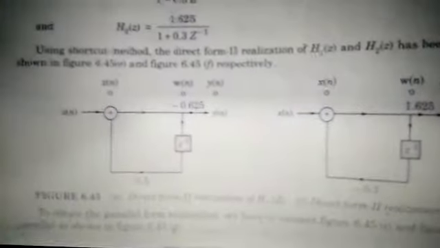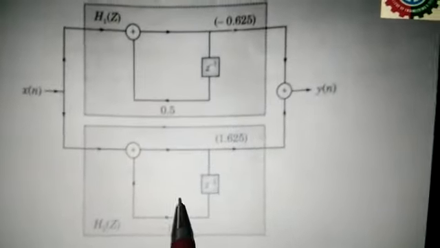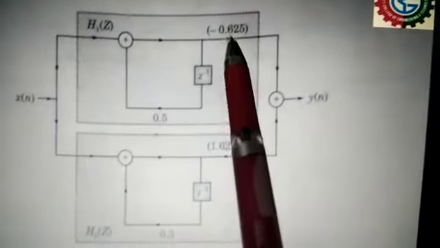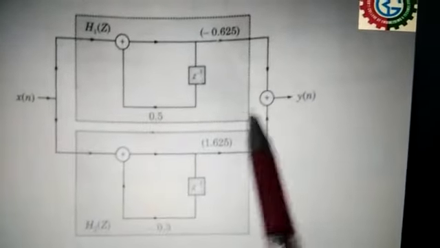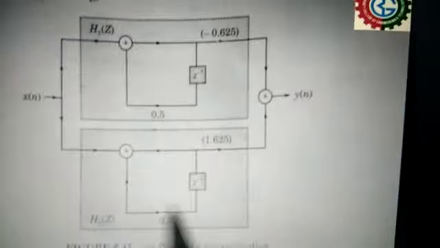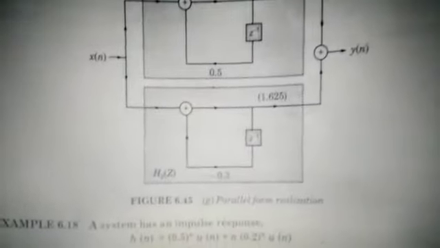Now these two direct form 2 separate terms can be realized. Here you can see this is the first one and this is the second one. This is the H1 block, this is the H2 block with the numerator constant multiplier here, and make this parallel connection. This is input and this is output. So this is called the parallel realization of the given transfer function.